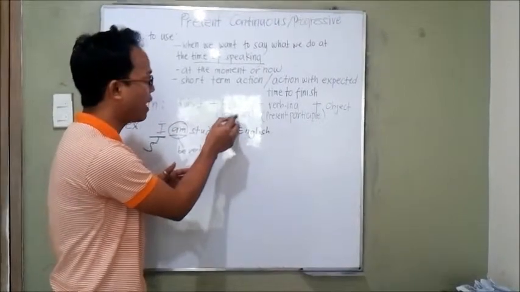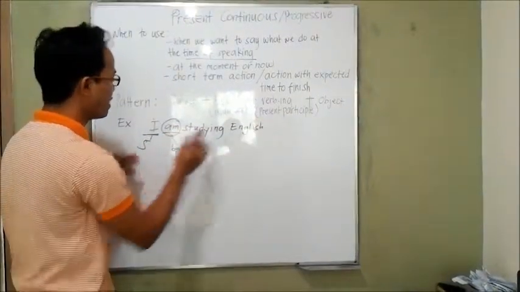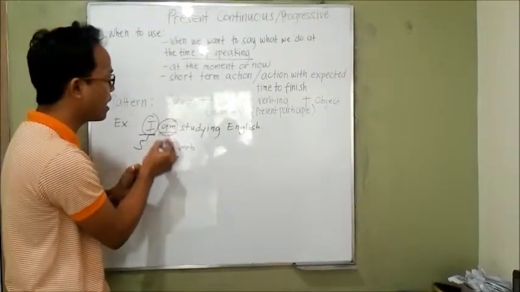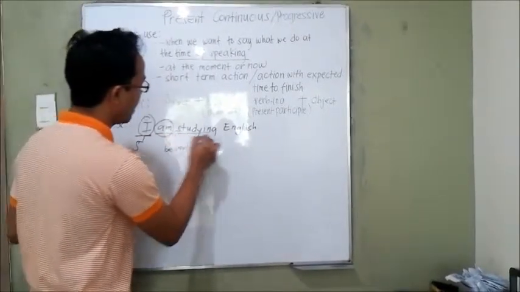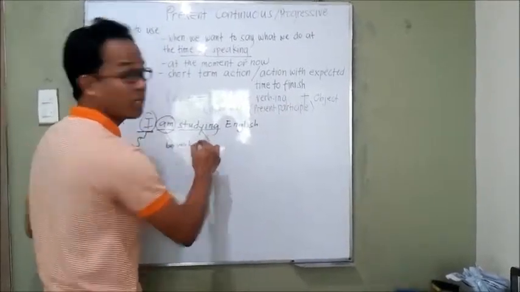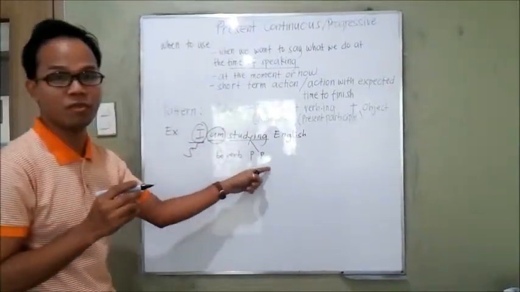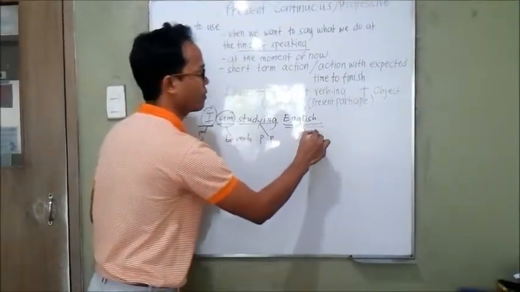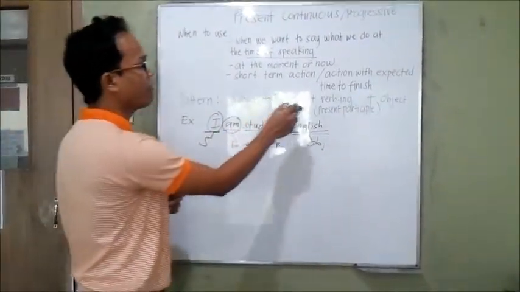I does not use is or are. In this sentence, I serves as singular, because am is a singular be verb. So we have the subject, the be verb am, another verb which is the verb ing or present participle, PP, and then we have our object. So this is an example of subject plus be verb plus ing.